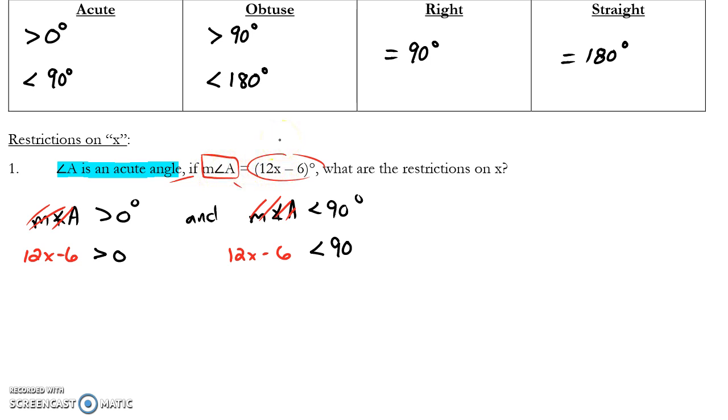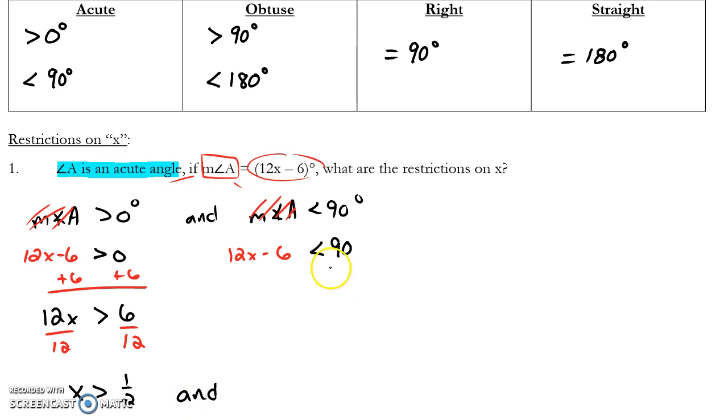I'm not done. I now have to solve. Add 6 to both sides, so I treat my inequality symbol just like an equal sign. I bring it straight down. 12x is greater than 6. Divide by 12. X is greater than 1/2 or 0.5.